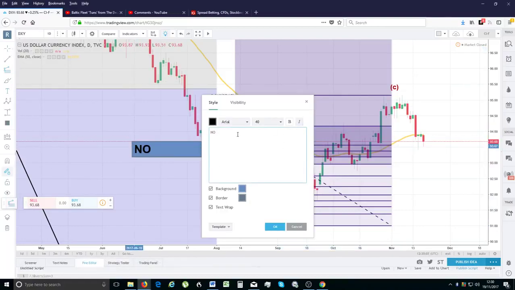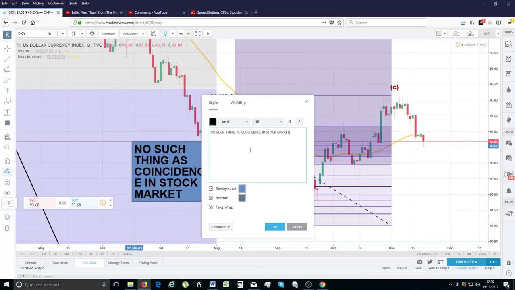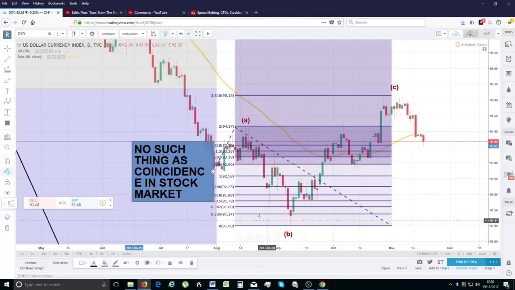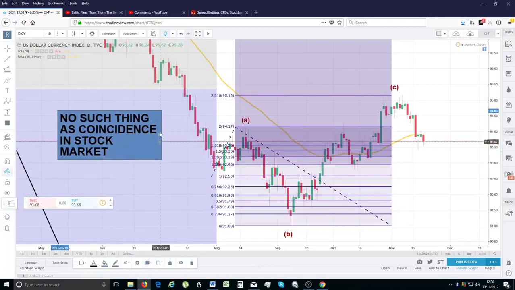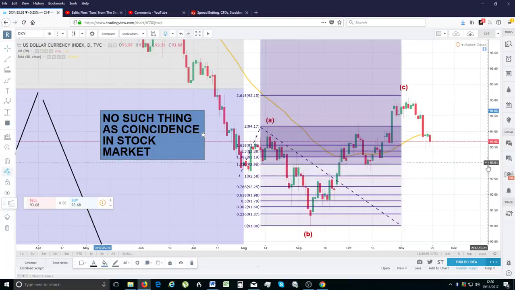There is no such thing as coincidence in the stock market. So no such thing as coincidence. Now this is just an unbelievable short here on the dollar index.